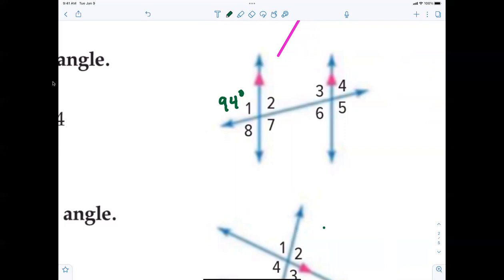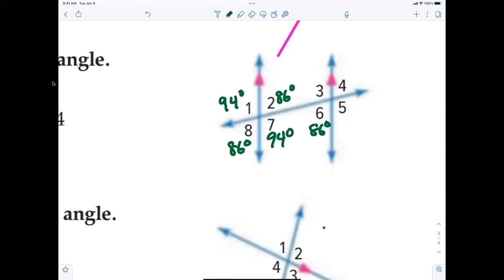All right. So what's angle 2? Someone tell me what angle 2 is. Come on, guys. 86. Everybody's good with that? So now every obtuse angle is going to be what? And every acute is going to be, right, so angle 8 is how many degrees? 86 degrees. Angle 7, 94 degrees. Angle 6, 86 degrees.